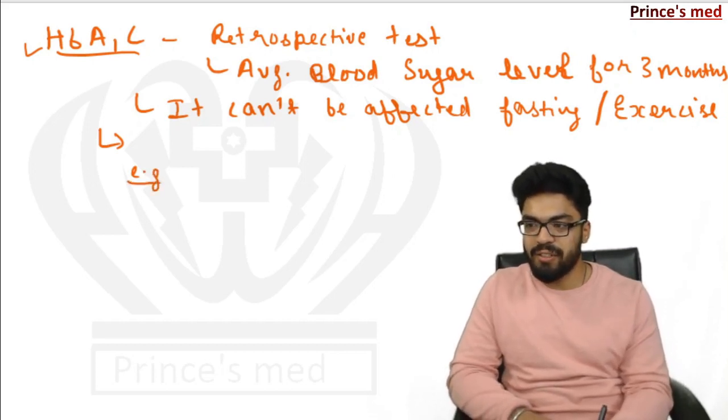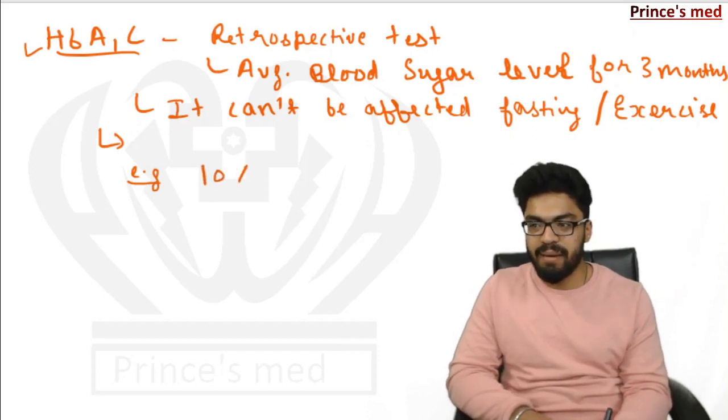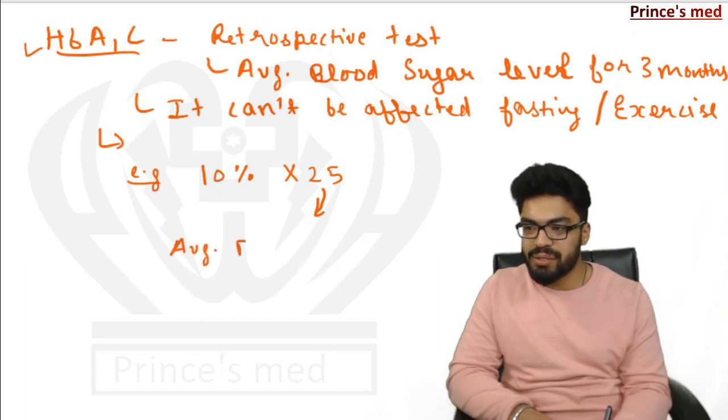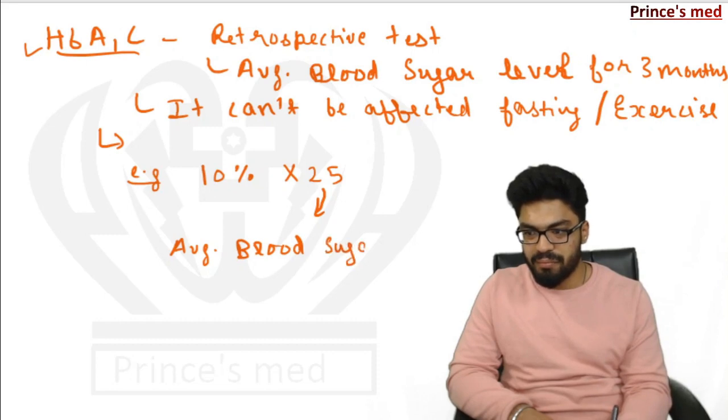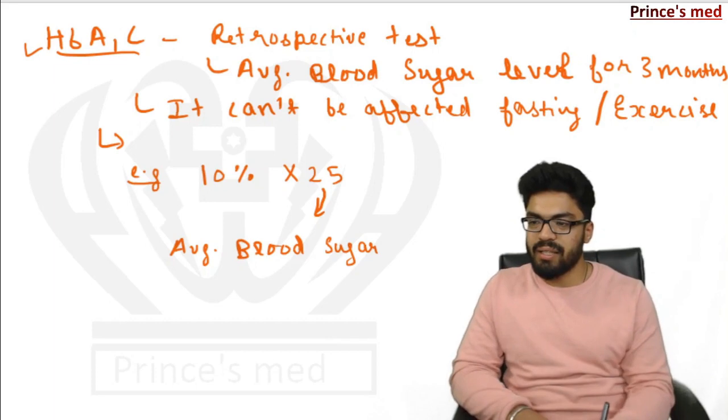For example, someone comes and has HbA1c of 10%, so we will multiply it by 25, then we will get the average blood sugar for 3 months, that is 250 mg percent.